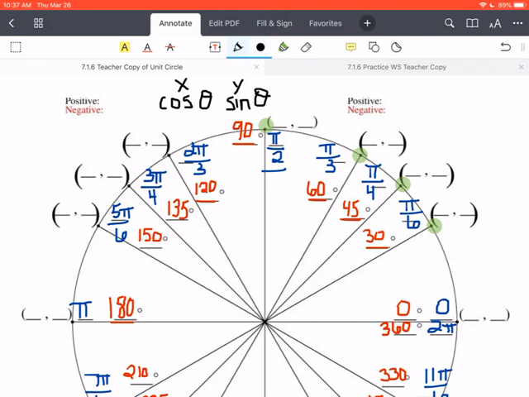From there, we can just focus on this first quadrant and then carry it through, because we know that the signs are just going to change based on plotting points. So in the first quadrant, we know that the cosine and the sine are both going to be positive, and nothing is going to be negative.